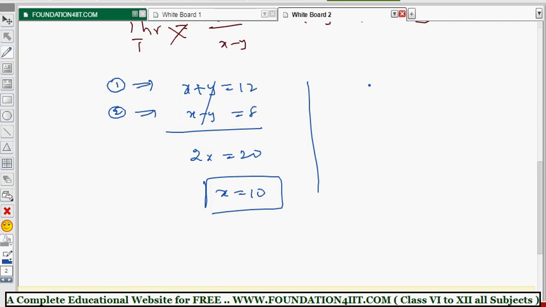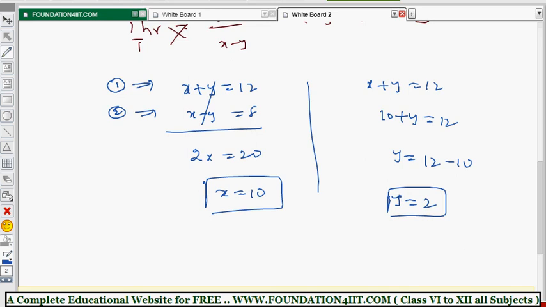Then x plus y is 12, so 10 plus y is 12. Then y is equal to 12 minus 10, so y is equal to 2. This is nothing but the speed of the current. Hence, the speed of the sailor in still water is 10 kilometers per hour and the speed of the current is 2 kilometers per hour.